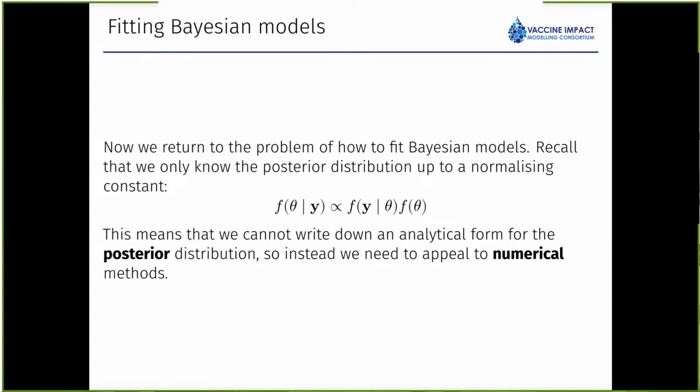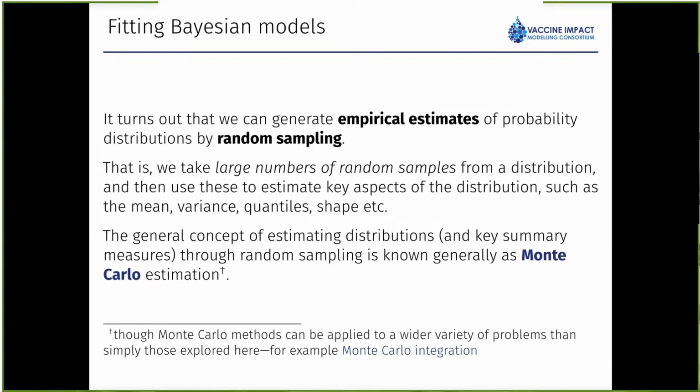So, what is the problem? The problem is, because we can't write down this analytical form, it's very difficult to work with this. So, what we're going to do instead is to generate an empirical estimate of this distribution by random sampling, okay? We're going to take lots and lots of random samples from our posterior distribution, and then we're going to plot them out, right?